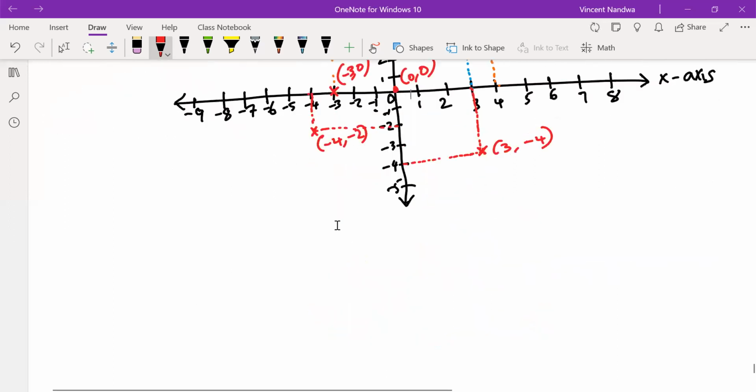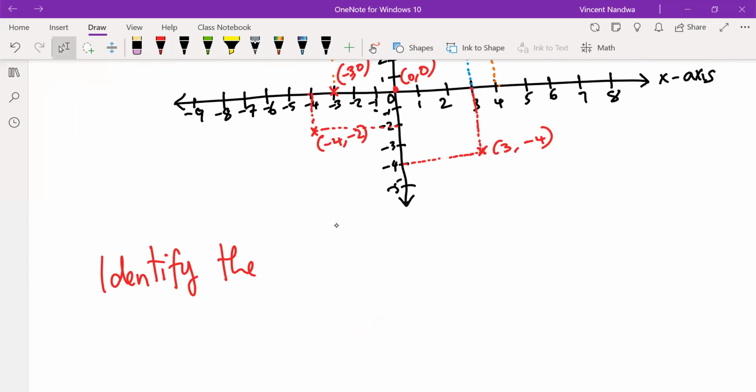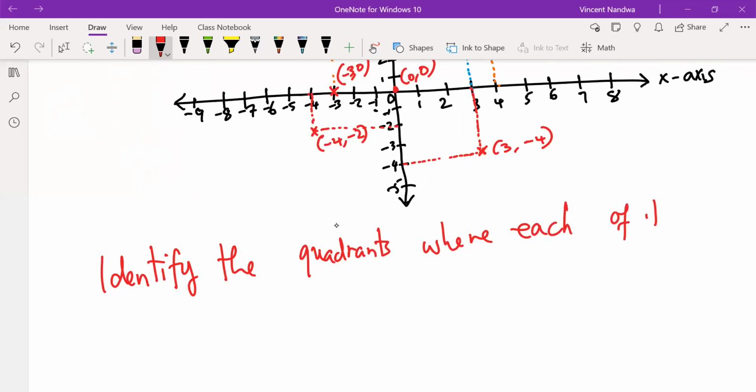So lastly, identify the quadrants where each of the following points lie.